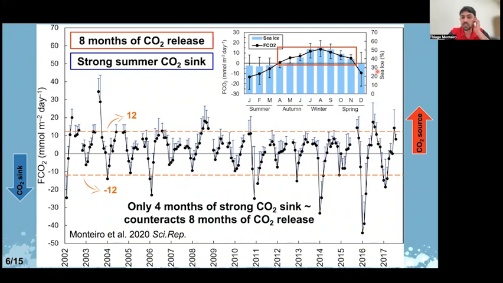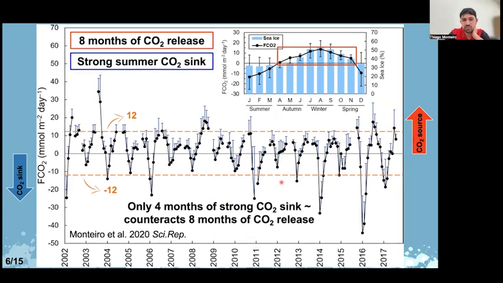Another important result from this figure is that from 2011, 2012, we have observed more frequently months of strong CO2 sink.